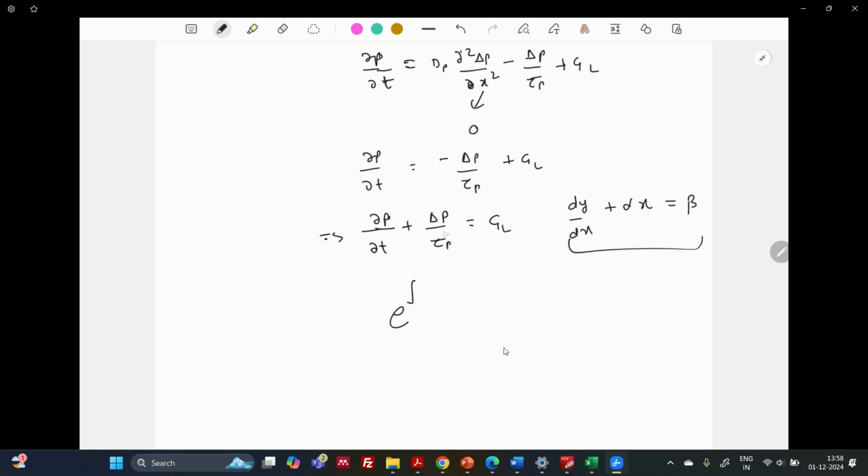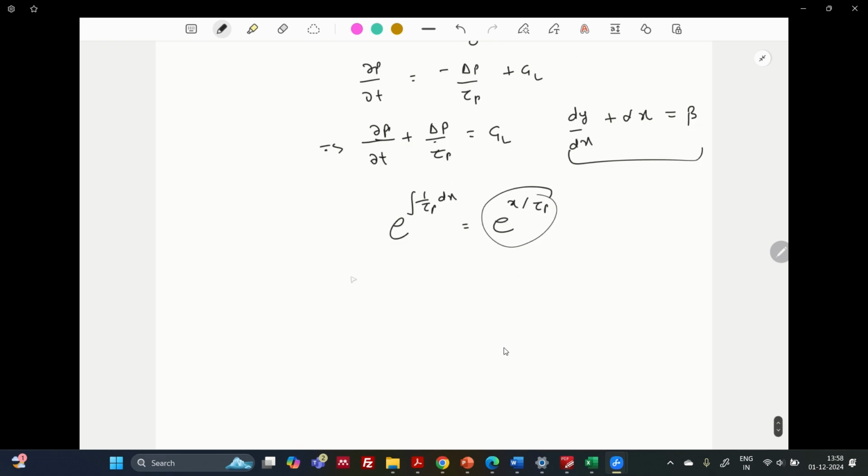The coefficient is 1 by tau P, and integrated with respect to t, what you get is e to the power t by tau P. Now let me multiply on both sides of this equation by this factor, e to the power t by tau P. So e to the power t by tau P times del delta P by del t, plus delta P by tau P times e to the power t by tau P, is equal to G_L times e to the power t by tau P.